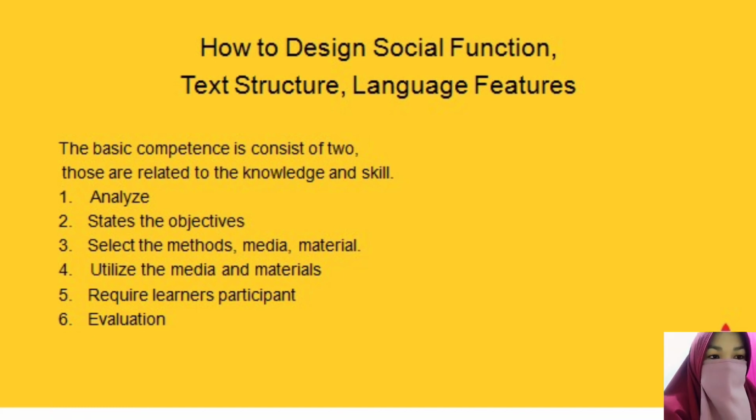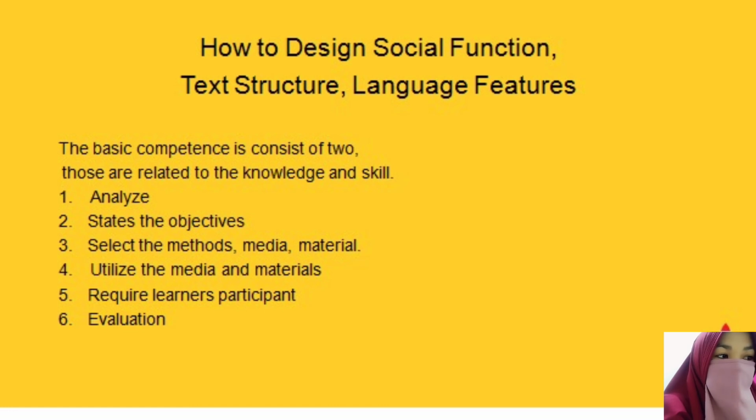To design the social function, text structure, and the language features, we use these steps. First, analyze the learners and the audience. Second, state the objective, based on the core competence and the basic competence from the syllabus. Third, select the methods, materials, and media.